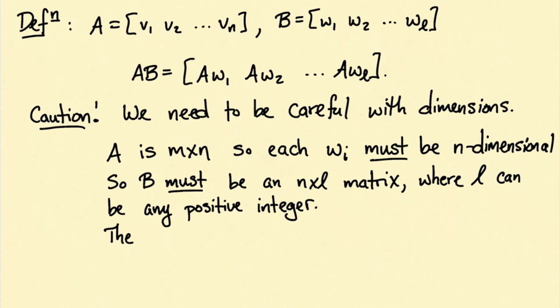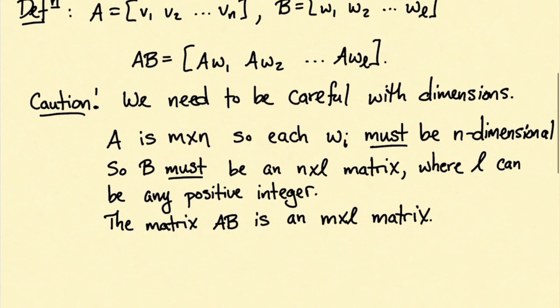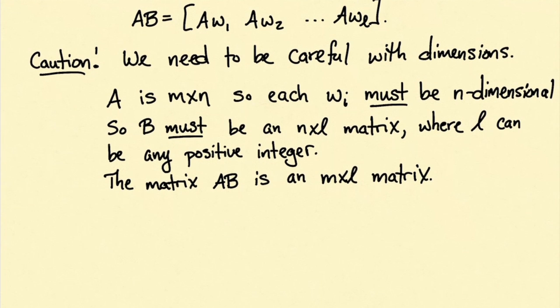So the resulting matrix, A times B, has m rows and it has L columns. So as a handy device for remembering when we can multiply two matrices together, the inner dimensions in the product have to be the same. The result of the product will always be the two outer dimensions, in our case m by L.